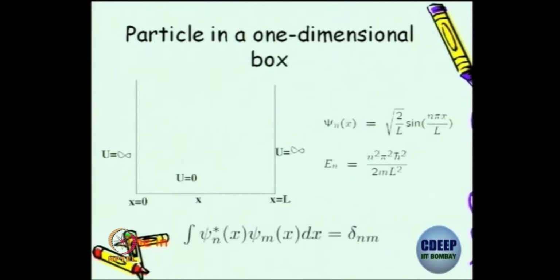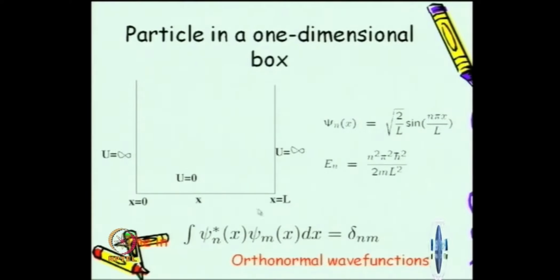Okay? And a couple of things which you would have mechanically done in the last semester or last year is taking the two wave functions. They are called orthonormal wave functions if they satisfy this property. I'm confining myself to one-dimensional potentials.